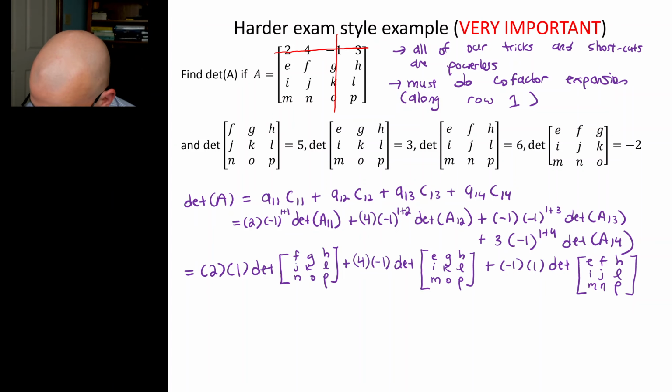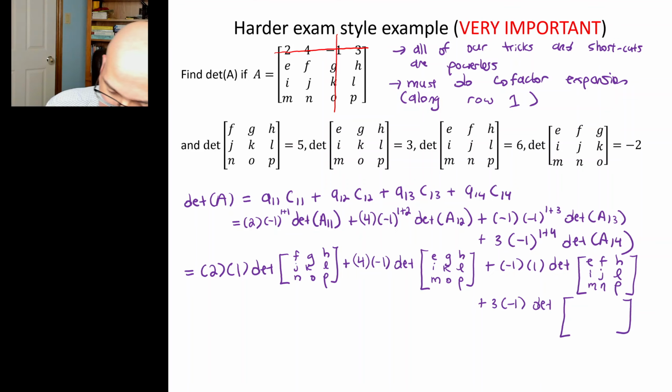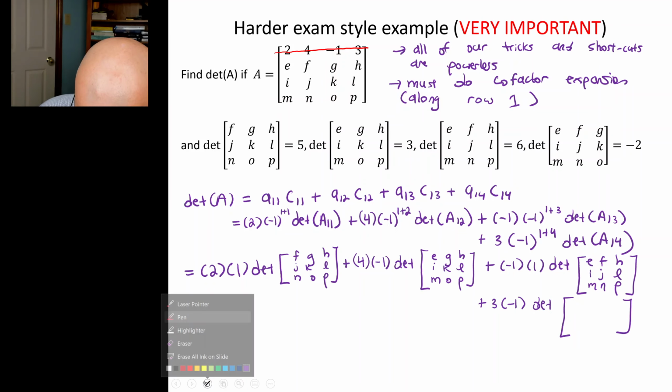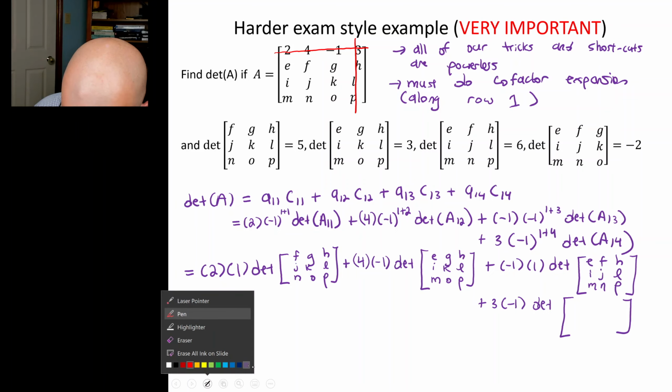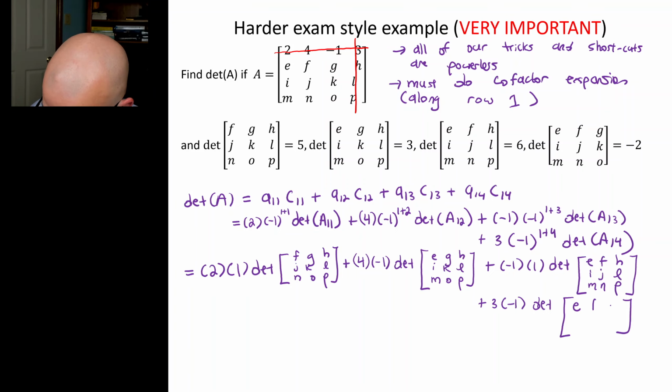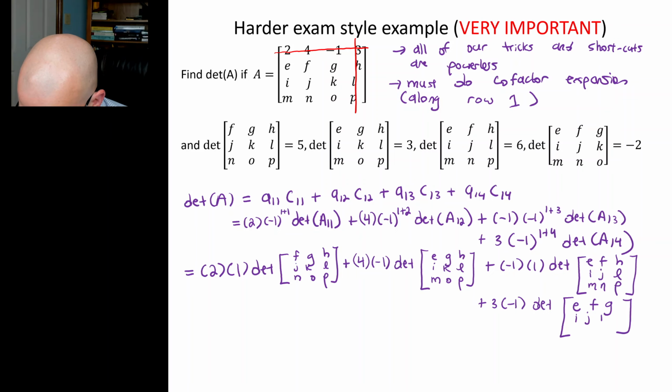And we have one more. We have plus 3 times negative 1 to the power 5, which is negative 1, times the determinant of the last submatrix. We get rid of the last column, first row, submatrix A14, EFG, IJK, MNO.